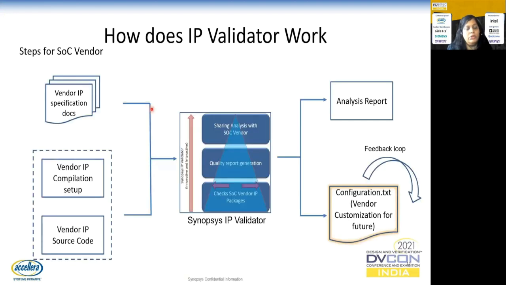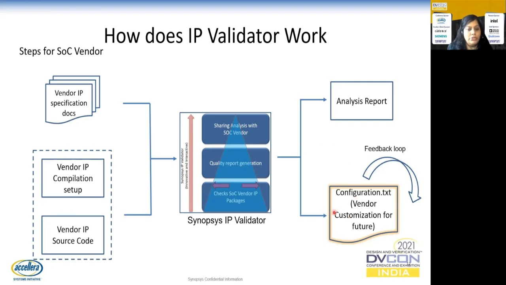Let me go into a bit more detail of how this IP validator works. The main requirements here are that there are certain inputs which are given to the validator. First is the IP specification documents of the vendor IP. Then it is the IP compilation setup and the IP source code. All this is combined, it goes to the validator flow, and what it generates is the analysis report. Along with the analysis report, it also generates a configuration.txt file.